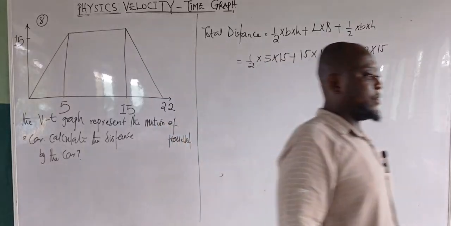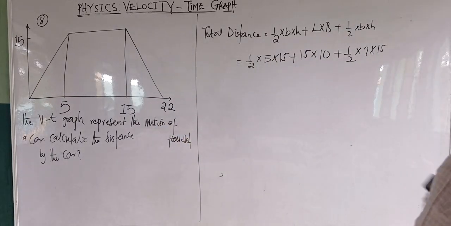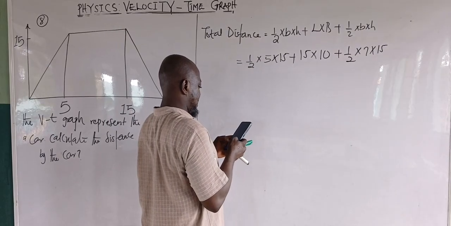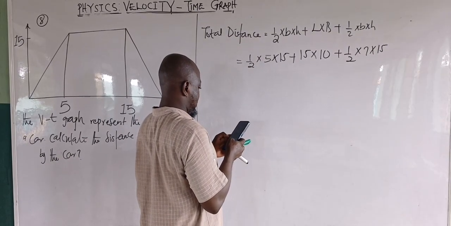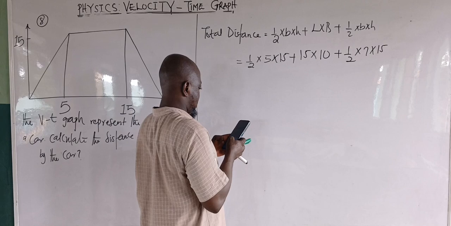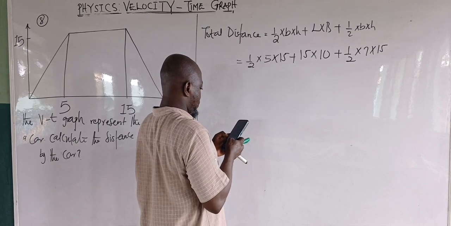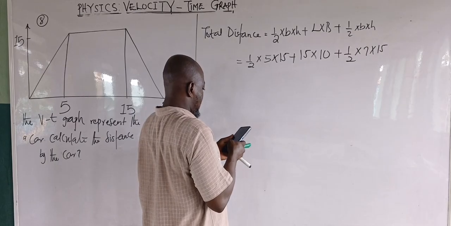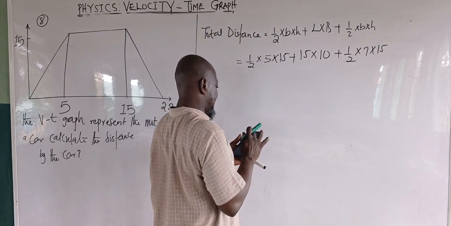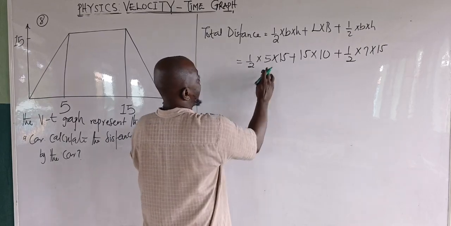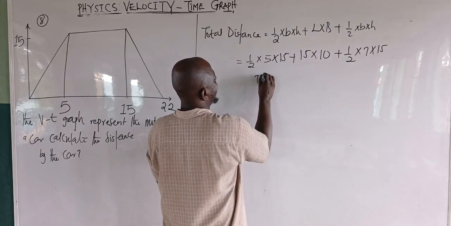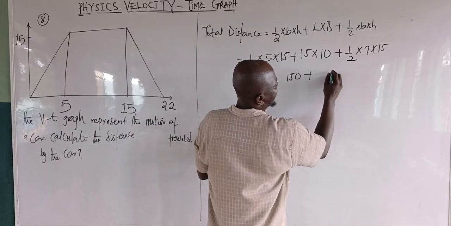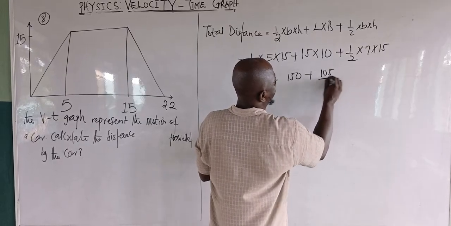From this point now, what would I do? Everything here gives me 75 divided by 2, here I'm having 150, here I'm having 105 divided by 2.